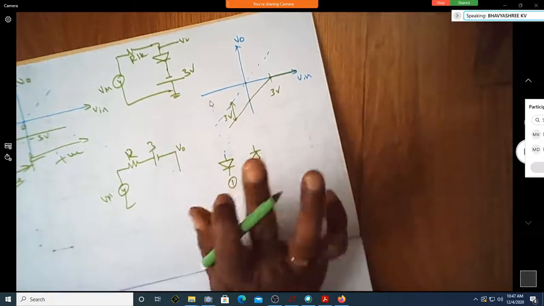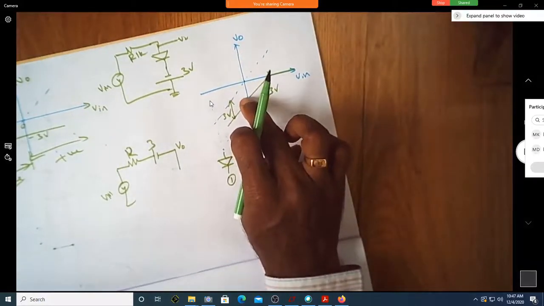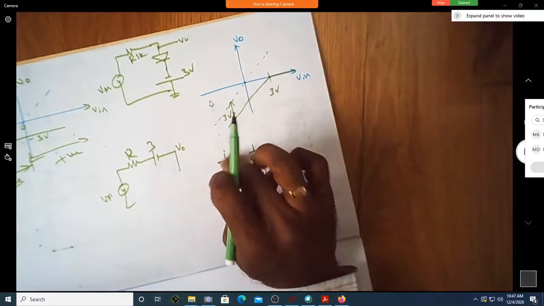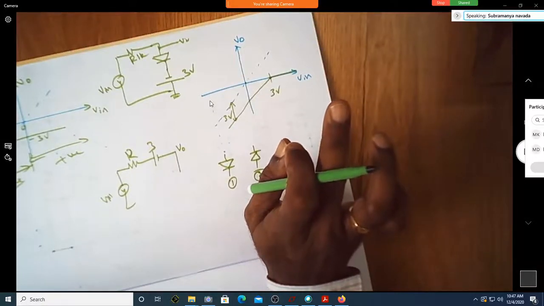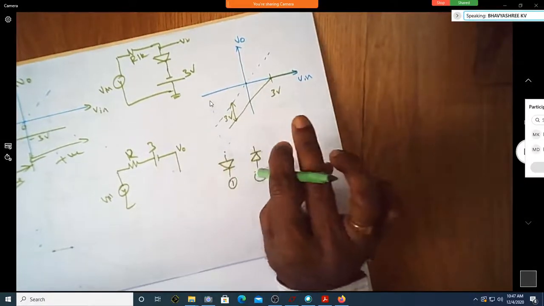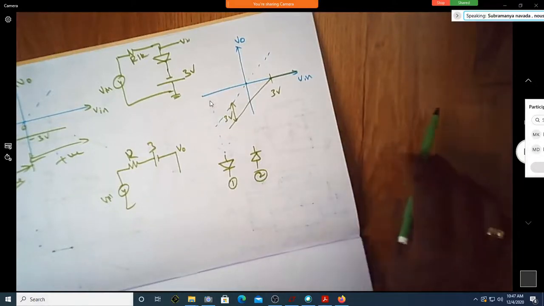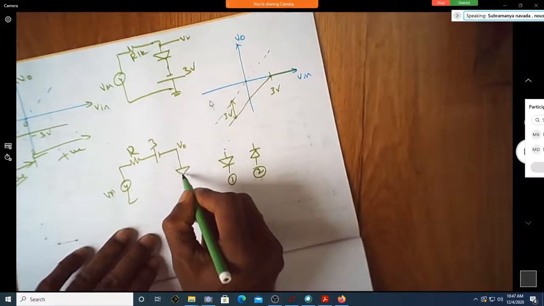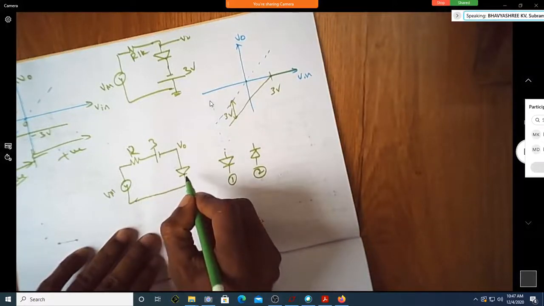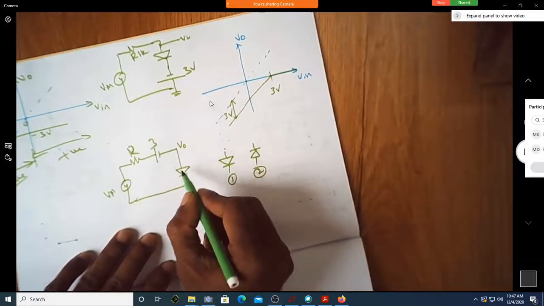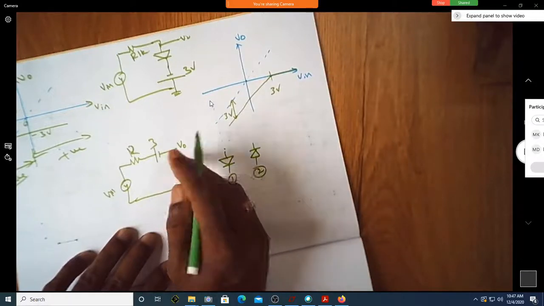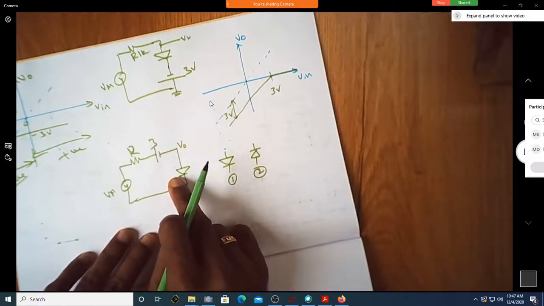Is it choice 1? Because keep in mind, during negative half cycle, the diode should be off. Shall I put choice one or the second choice? One. If I put choice 1, is the diode turned off during negative half cycle? Yes, sir.